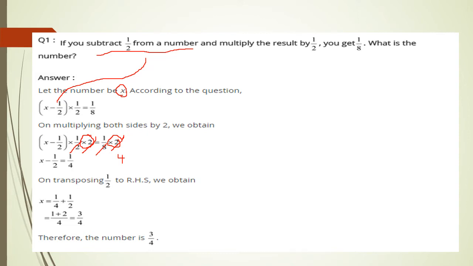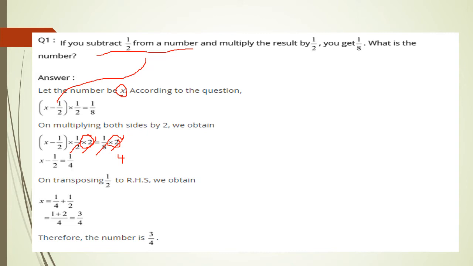Here 1 by 2 into 2 means both the terms get cancelled, so write down x minus 1 by 2 as it is. Write the equal to symbol. Then 2 ones are 2, 2 fours are 8, that means this 8 is reduced to 4, so the remaining is 1 by 4. Now what we obtained? x minus 1 by 2 equals 1 by 4.